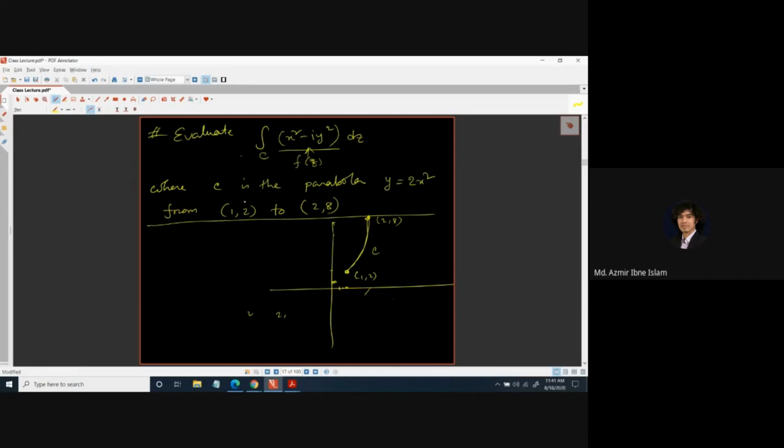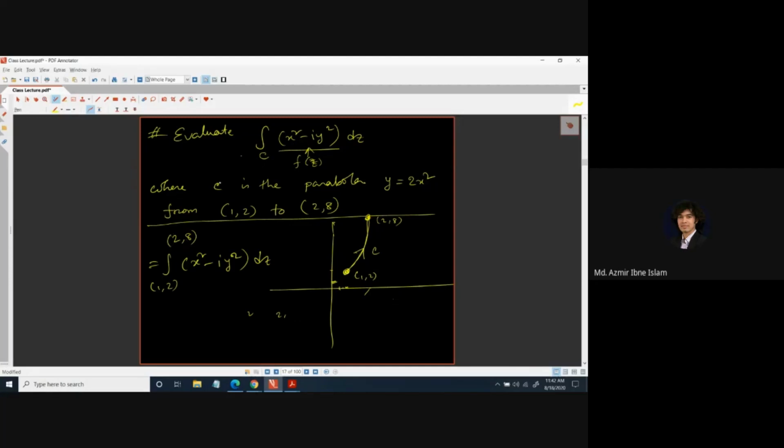So you can see that 1, 2 is the starting point. 1, 2 will be the lower limit, and in the upper limit we have 2, 8. So the integral of x squared minus i y squared dz. So gradually we have replaced C by the points 1, 2 to 2, 8.